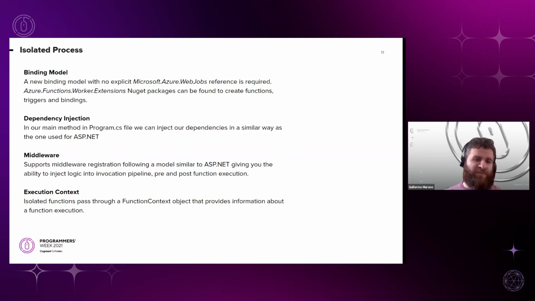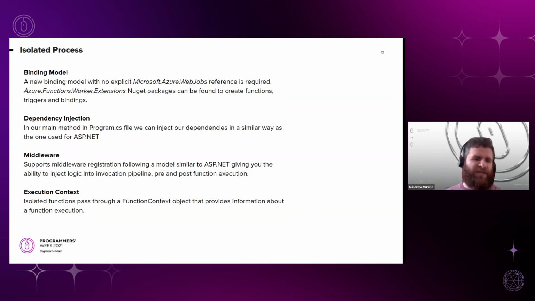It now supports middleware registration following the same method that you're going to see for dependency injection, giving you the ability to inject logic into the invocation pipeline for pre and post execution. You can access the requests or the responses before reaching the function or releasing the response.